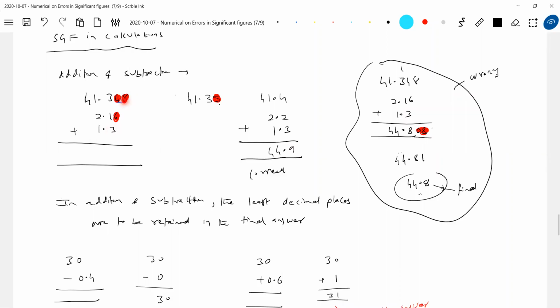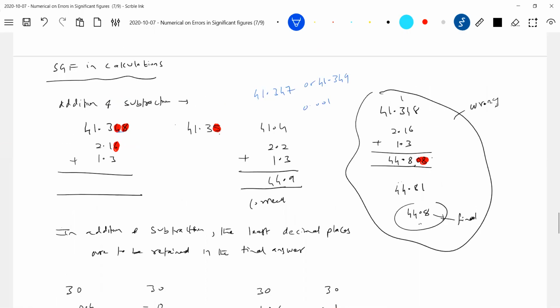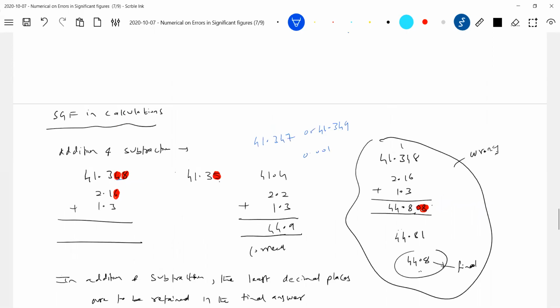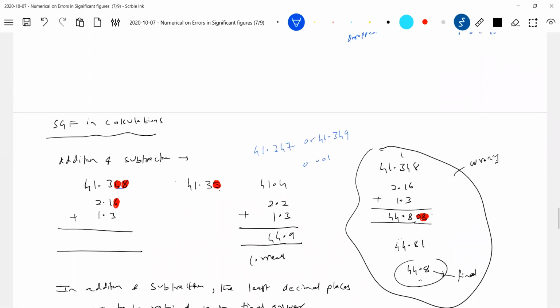Tell me, here, if I make an error, instead of saying 41.348, if I write 41.347, okay, what is the error? Or another student will say, no, sir, it is 41.349. Tell me, among the 3, what is the error? The possible error is how much? 0.001 only. Okay, instead of 1.3, if he says that instead of 1.3, I think this will disturb you.